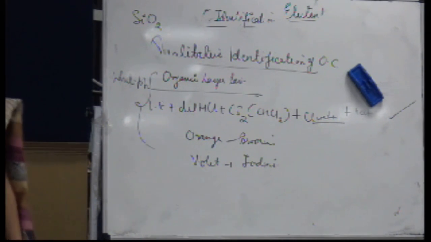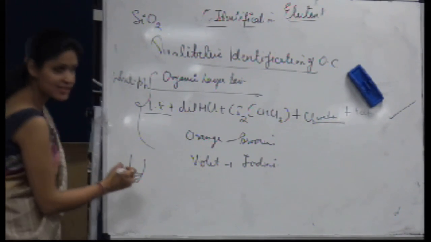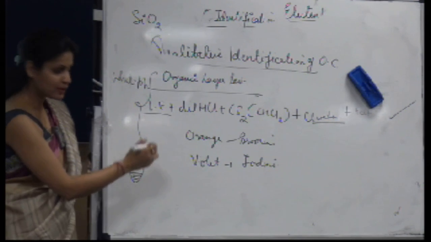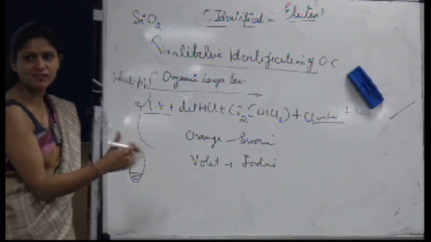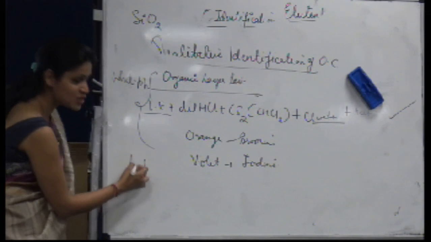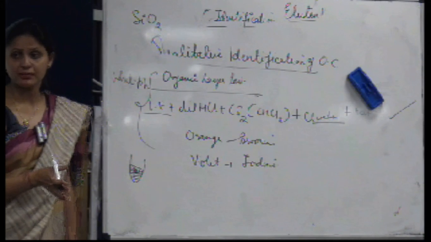You will get this color because we are using an aqueous layer again. Lassaigne's extract is aqueous in nature and we are adding an organic liquid to it. I am adding CS2 or carbon disulfide or chloroform to it, which is organic. So these two layers will always separate. But the color orange or violet you will observe in the organic layer only.